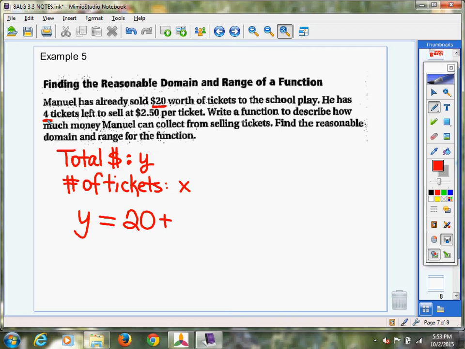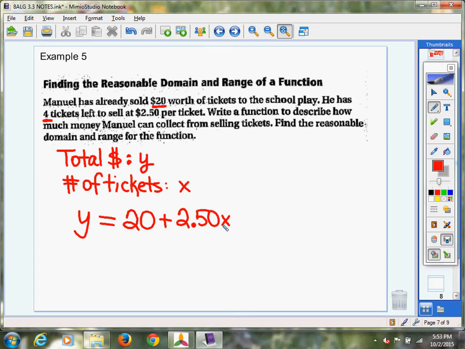He may only sell a couple of the 4. He may sell all of them. So we're just going to say we know he has tickets, and they're $2.50 each. Each one of those 4 costs $2.50, but we don't know how many precisely, because he may not sell all 4. So that's why we've got to leave it as an x instead.